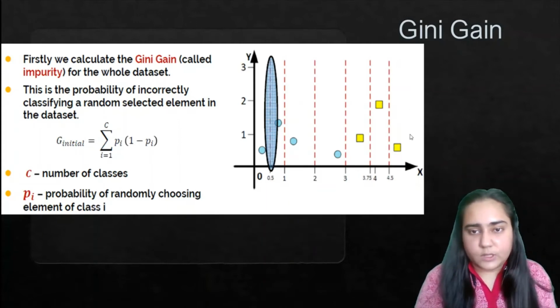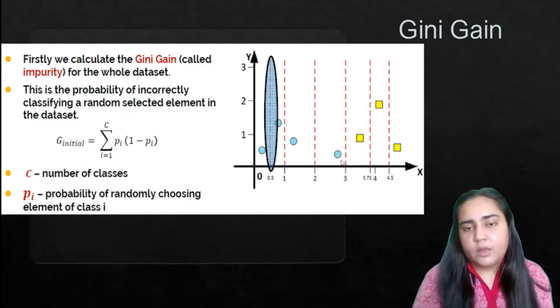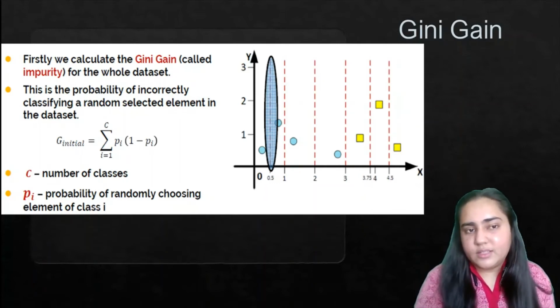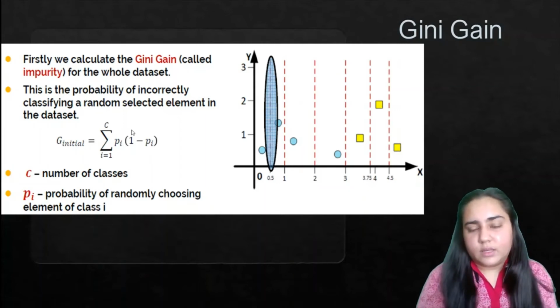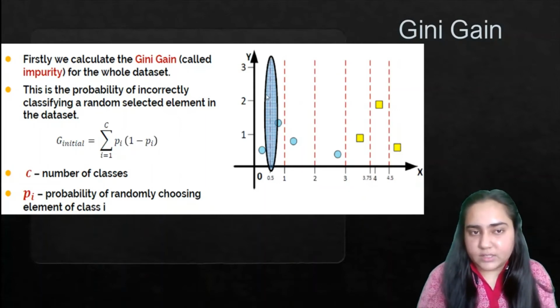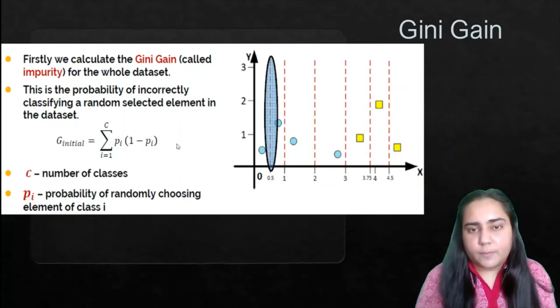These 3 yellow ones are correct. But if I'm picking something from these 3, then it's going to be incorrect. So this Gini index or Gini gain is calculating the probability that if I selected this split, and I pick a random data point, it's going to be incorrectly classified.